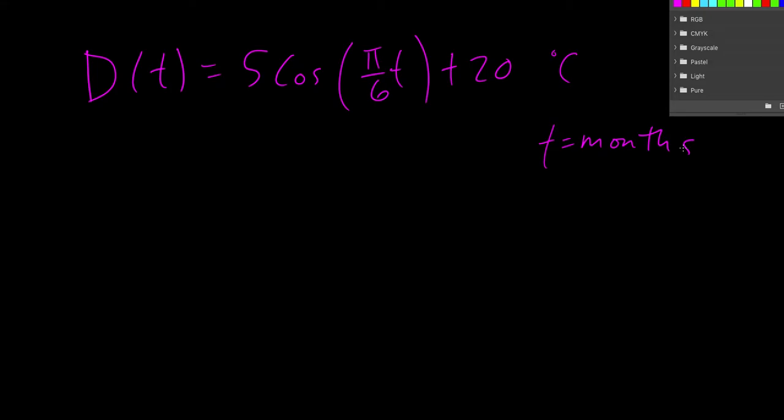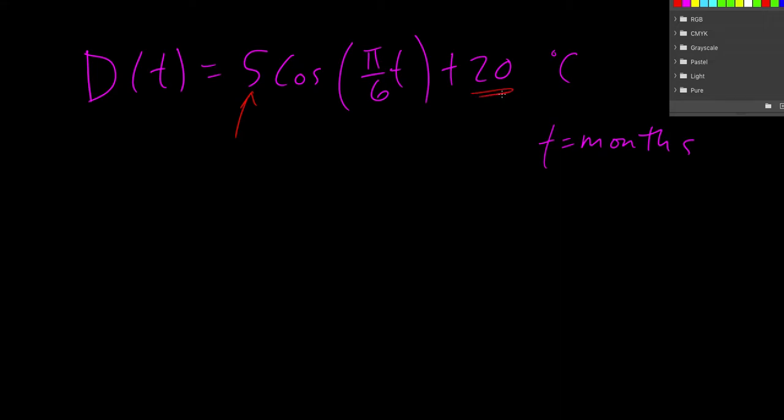So the first thing is they want us to sketch a graph of D from 0 to 24. And so we want to use stuff from our previous videos to do that. So right here, we know the amplitude is 5. That means from the center point, it's going to be up 5 and down 5.